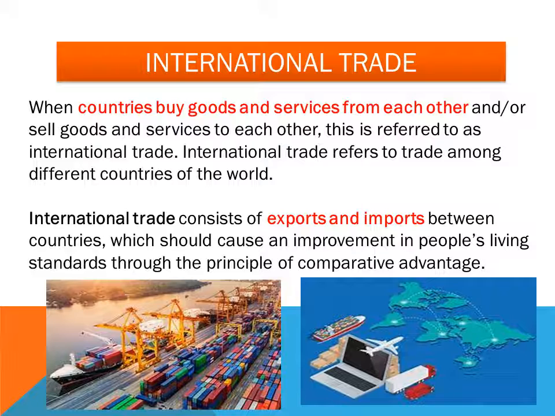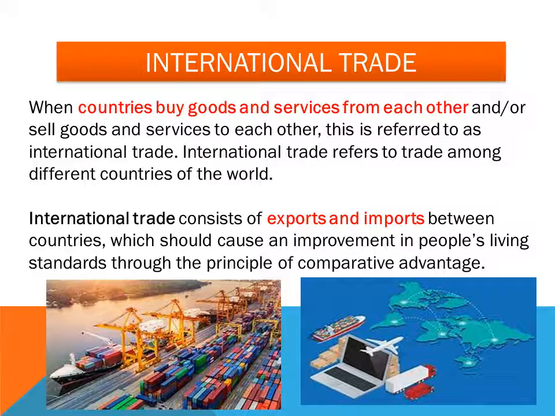So here we have countries importing and exporting with each other, and we know that this is something that is very popular because many of the goods that we have and use as consumers are goods that are traded or bought from other countries that have it available, right? So international trade basically consists of trading among different countries in the world.